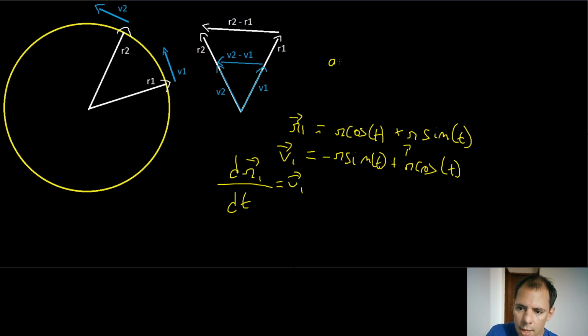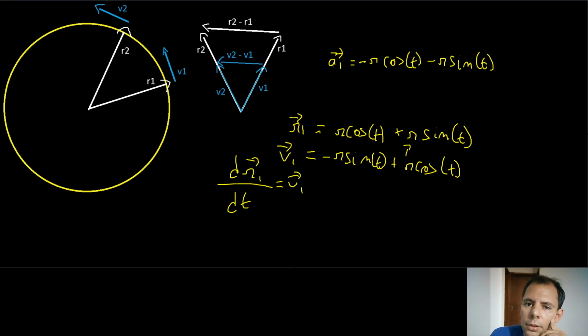So A1, the vector A1, is going to be the derivative of this one with respect to time, right? So what is it going to be? It's going to be minus R cosine of t minus R sine of t. This is going to be the vector A1.